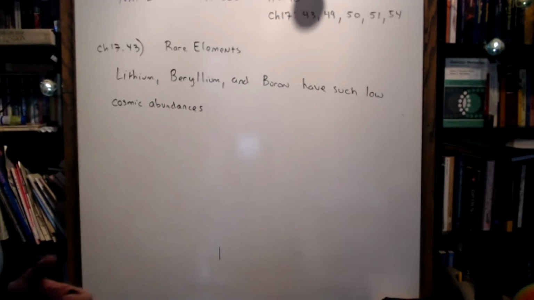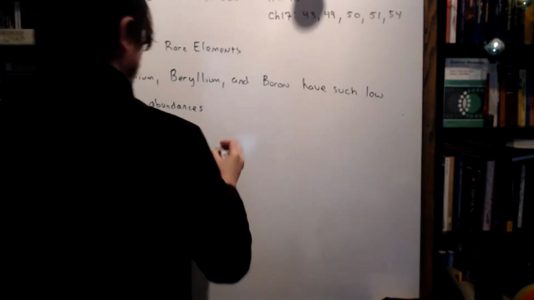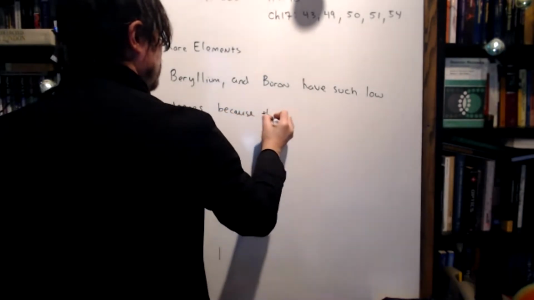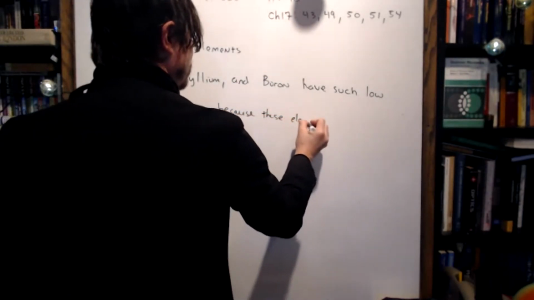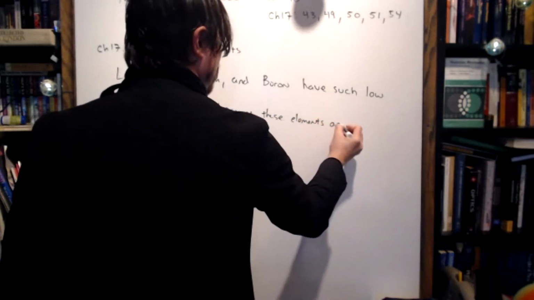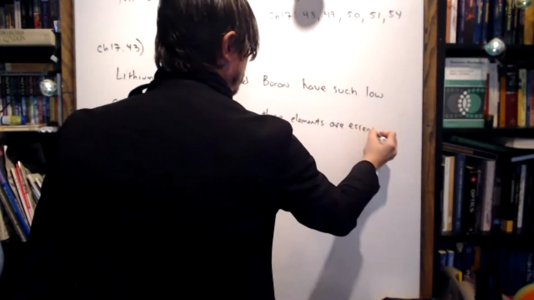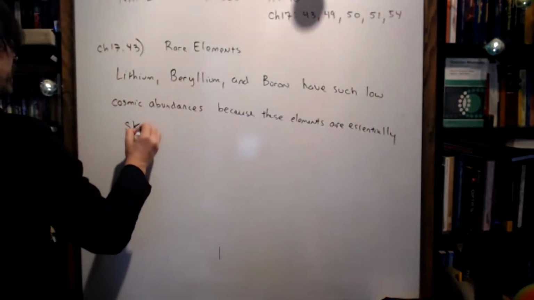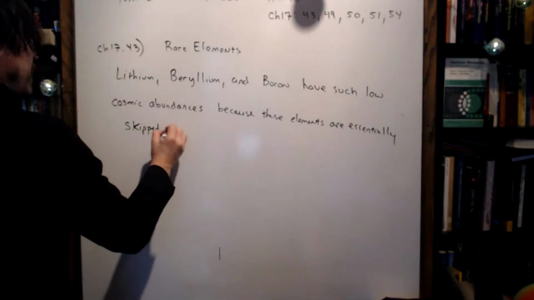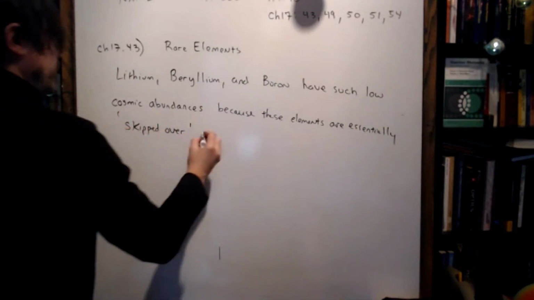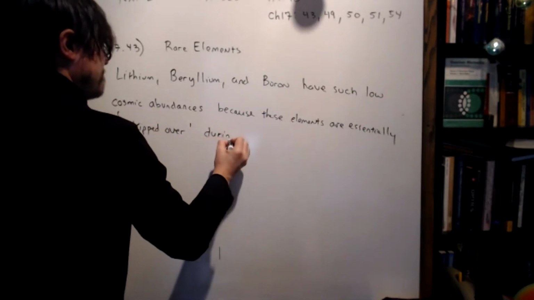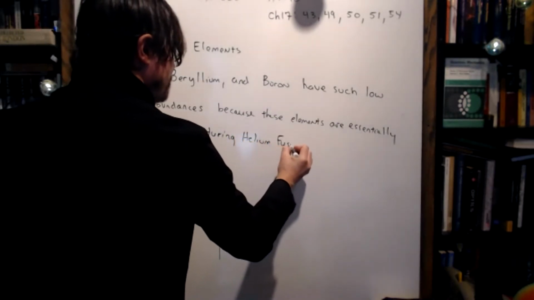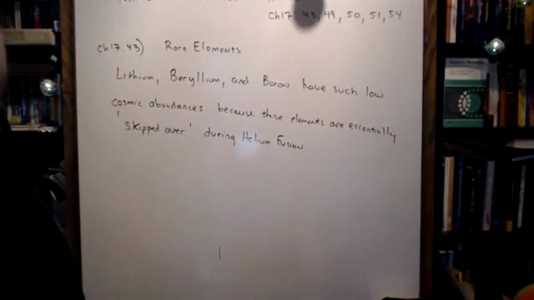Lithium, beryllium, and boron have such low cosmic abundances because these elements are essentially skipped over during helium fusion in red giant stars.